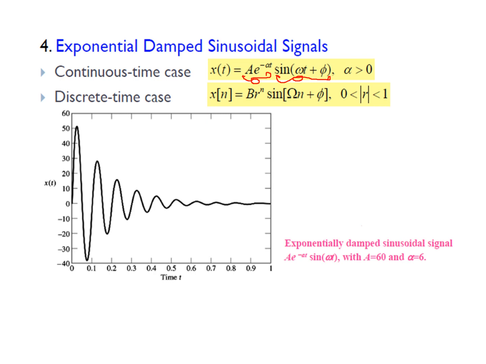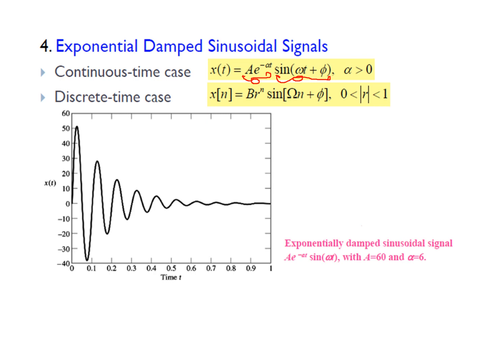Once again, the amplitude of the discrete time sinusoidal signal is a decreasing exponential whenever the modulus of r is between 0 and 1. That means r can be positive or negative, but its magnitude must be a fraction. In both cases, you will get an exponentially damped sinusoidal signal.